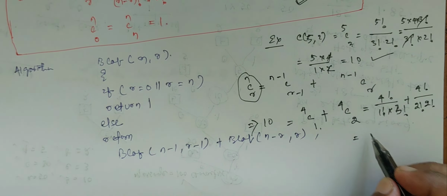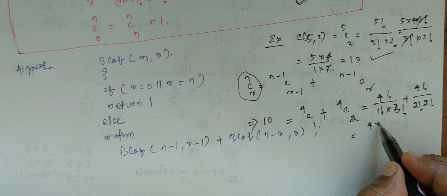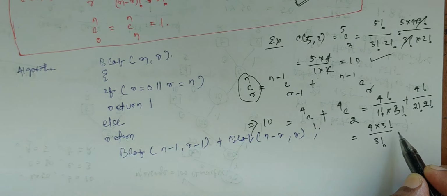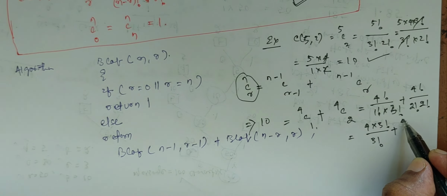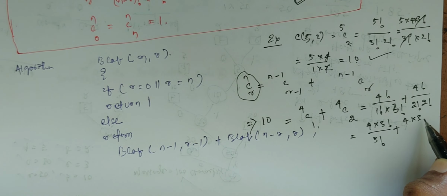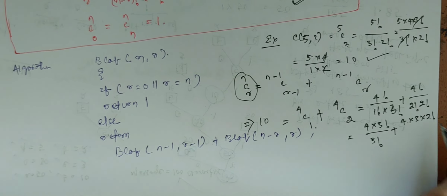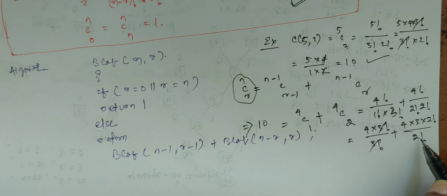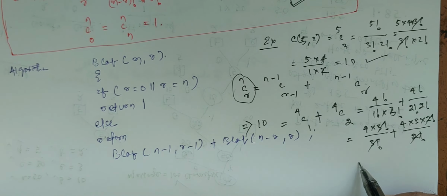That is equal to 4 into 3 factorial divided by 3 factorial plus 4 into 3 into 2 factorial divided by 2 factorial into 2 factorial.